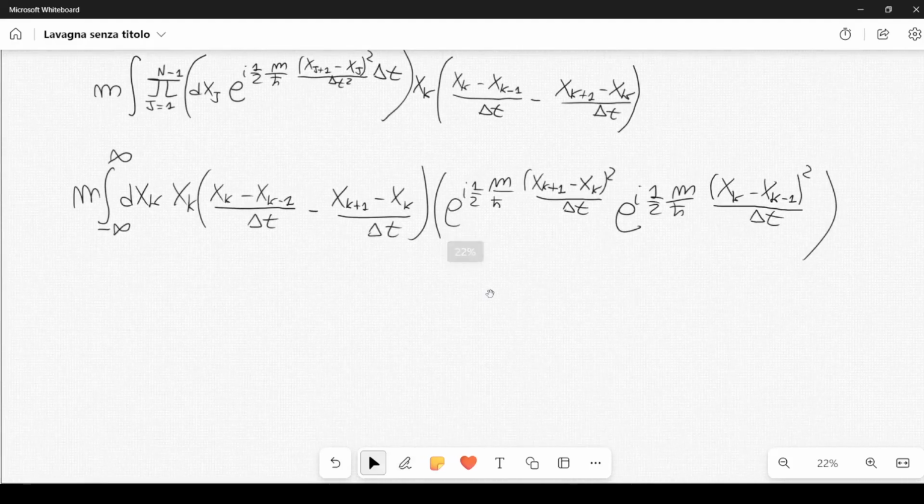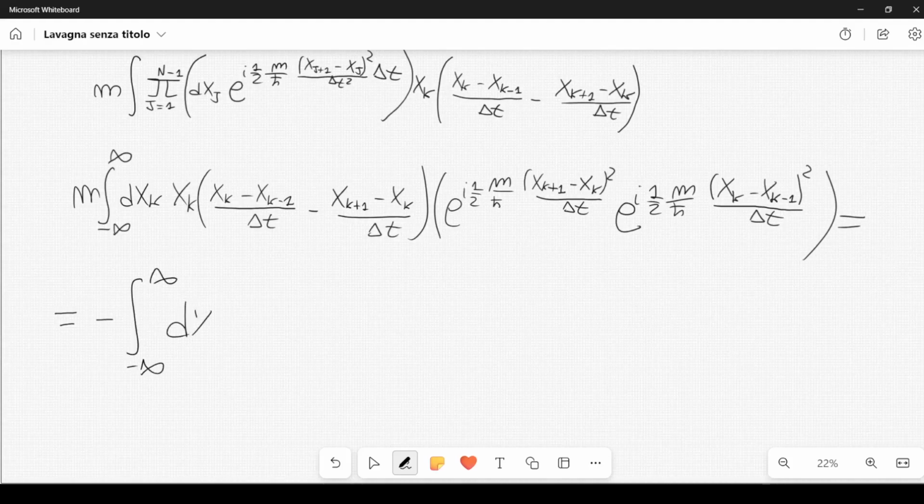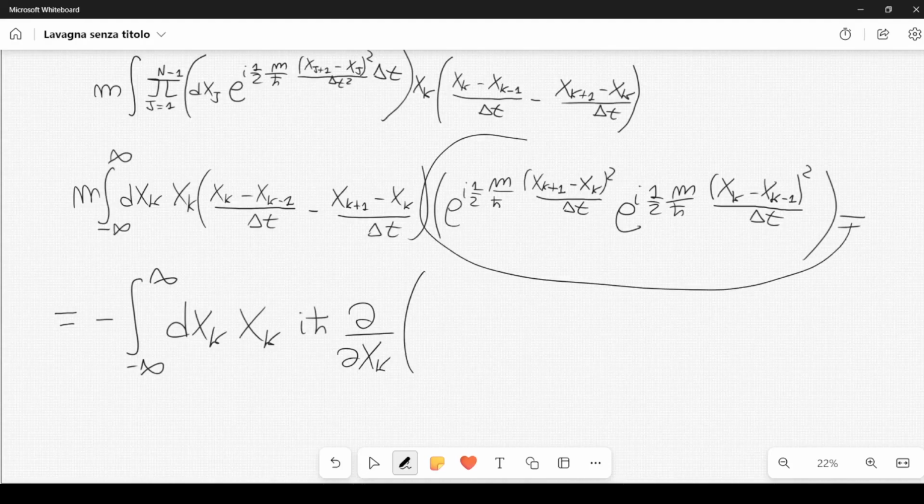But this integral can be performed. And in particular, now we are going to rewrite it. You can check quite easily, this is just simple calculus. You can write it as minus the integral from minus infinity to plus infinity, dx_k, x_k, and then we have i h bar times the derivative with respect to x_k of this.